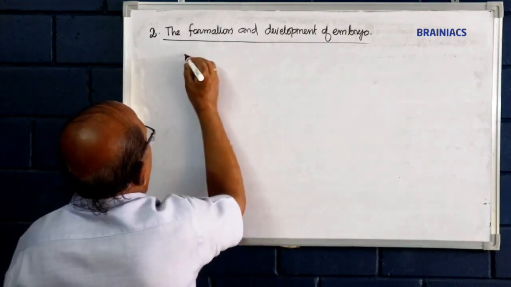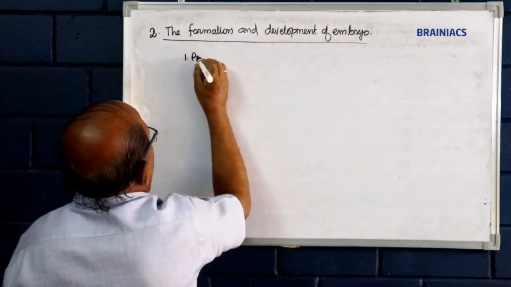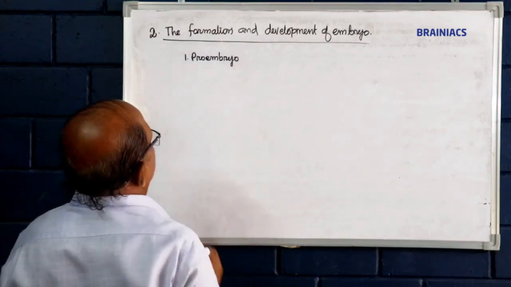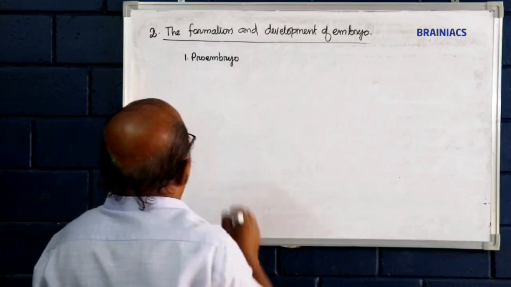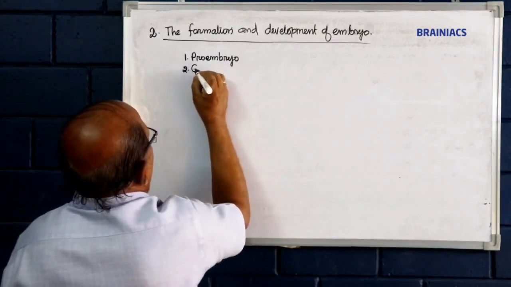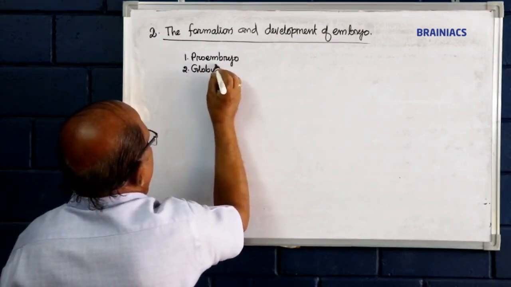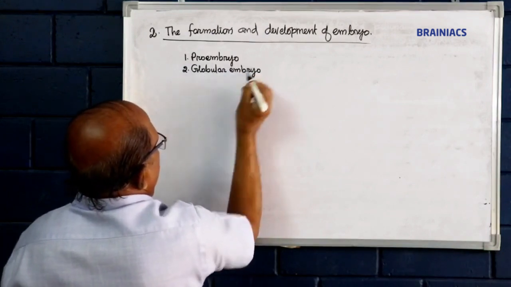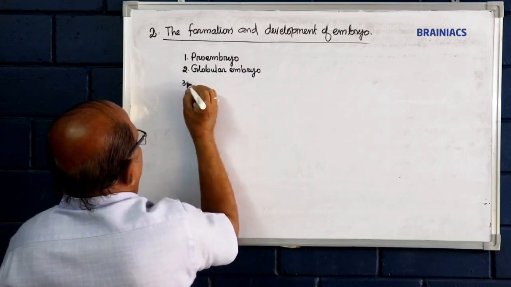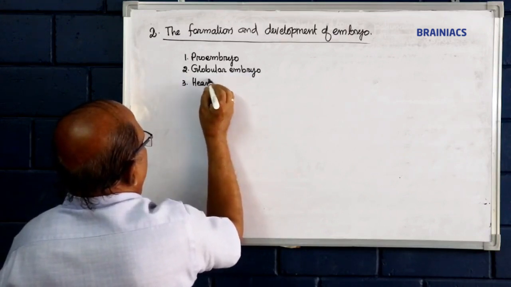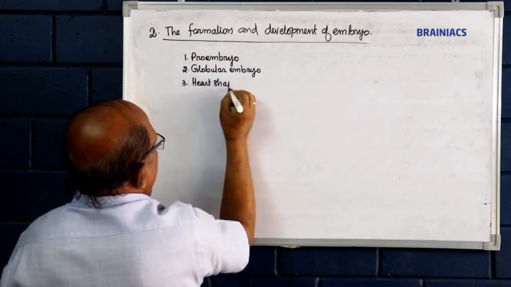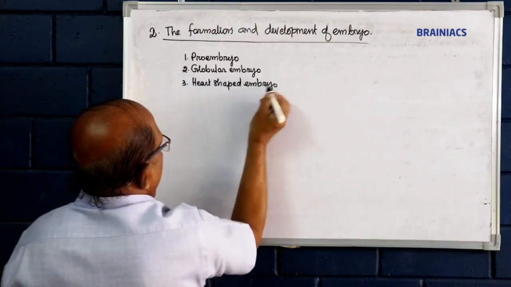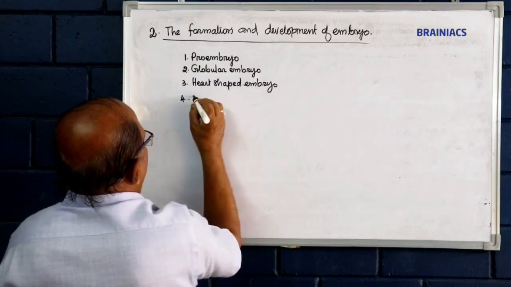First is proembryo, then globular embryo, heart-shaped embryo, and mature embryo.